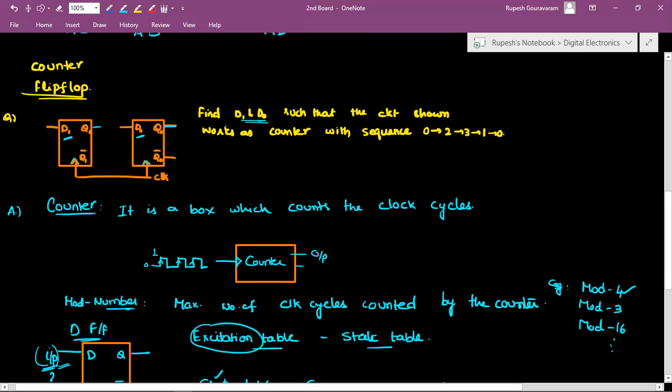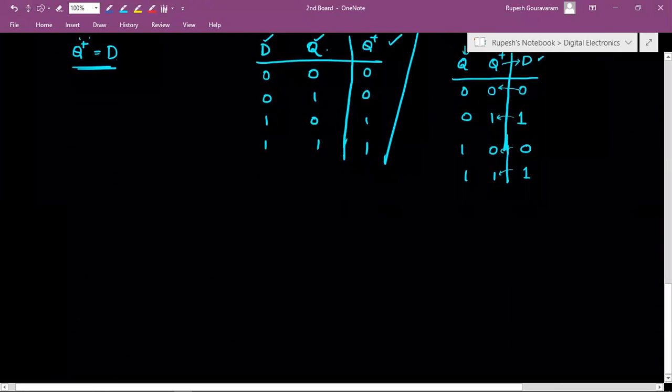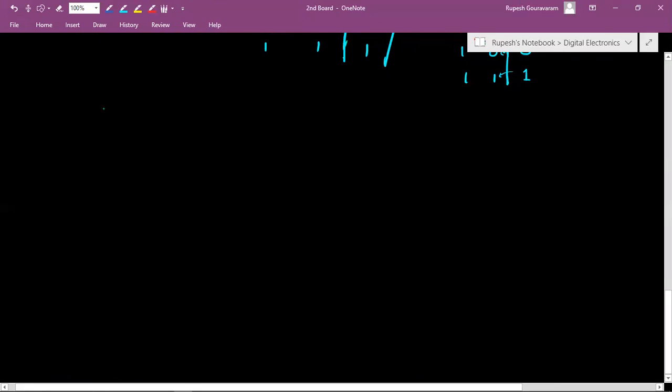Now let us see how a clock influences the working. There are two kinds of circuit. The first one is the synchronous circuit, and the second one is the asynchronous circuit.